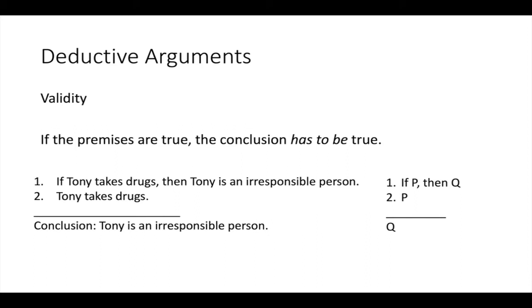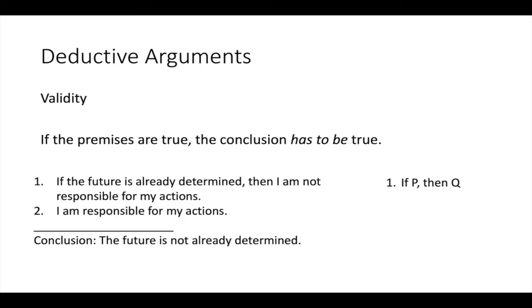Okay, here is an argument with a different structure. If the future is already determined, then I'm not responsible for my actions. That's premise 1. Premise 2, I am responsible for my actions. Therefore, the future is not already determined. Here I haven't done the whole symbolization for you yet, because I want you to do some thinking to try to fill in the second premise and the conclusion.